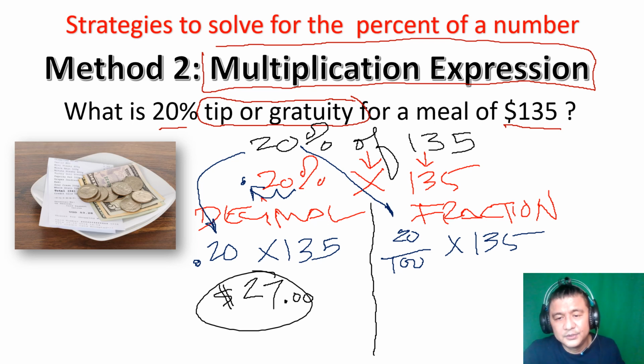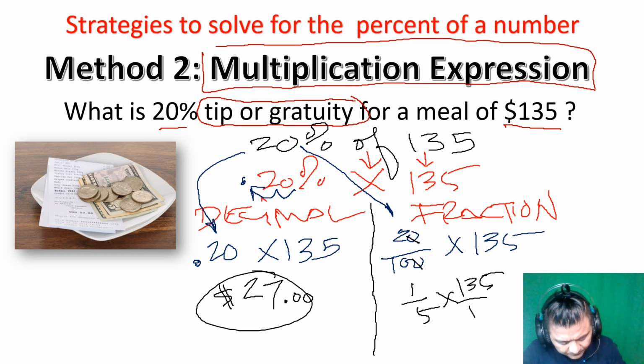Now, how do I do the fraction way? You could cancel that zero, right? So that becomes 2 tenths. 2 tenths, you could still simplify as what? 1 over 5. 1/5 of 135. Okay, what is 1/5 of 135?